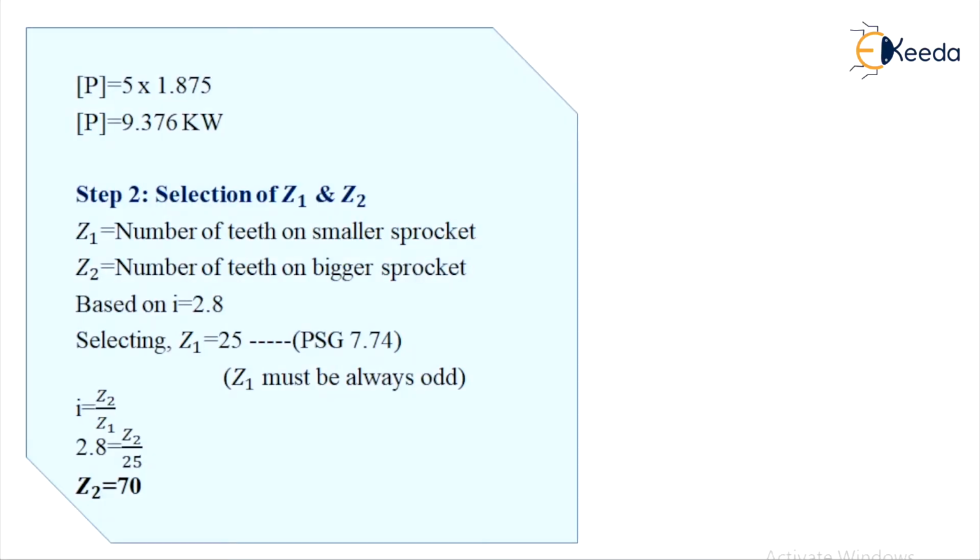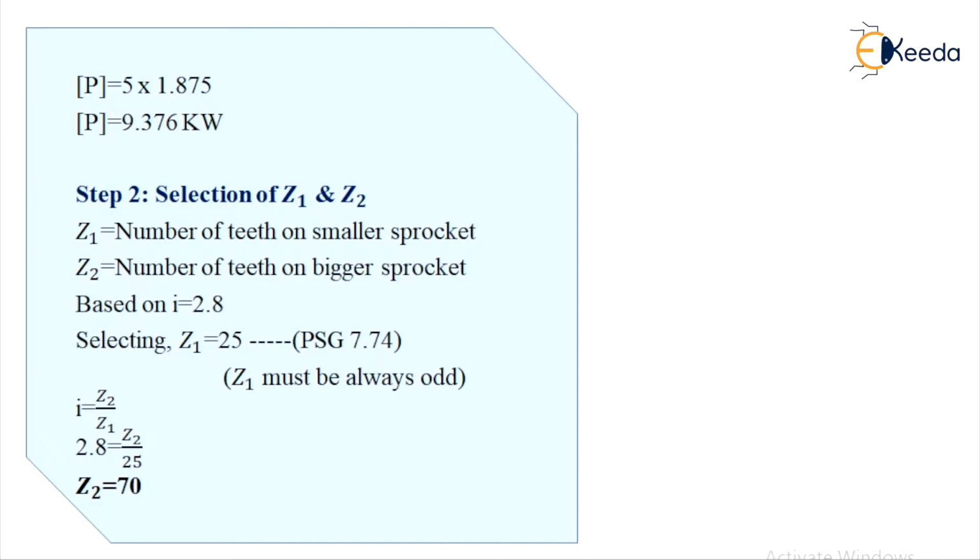And if I rewrite the formula, P is equal to 5 into 1.875, so the answer for design power is 9.376 kilowatt.